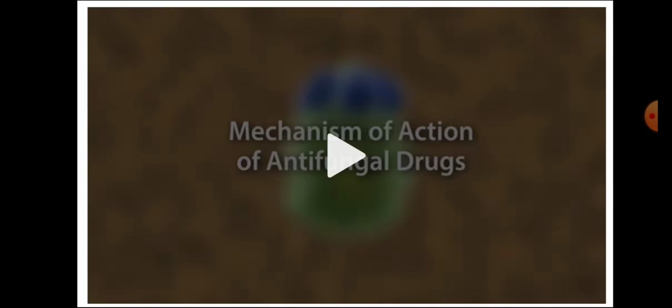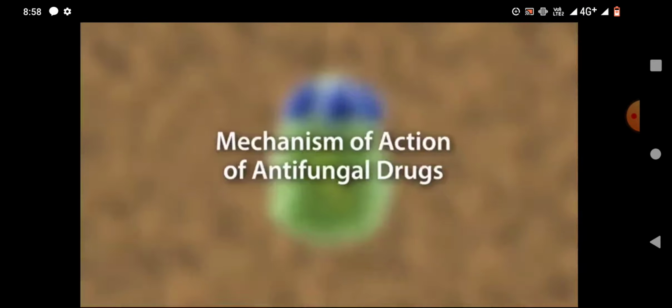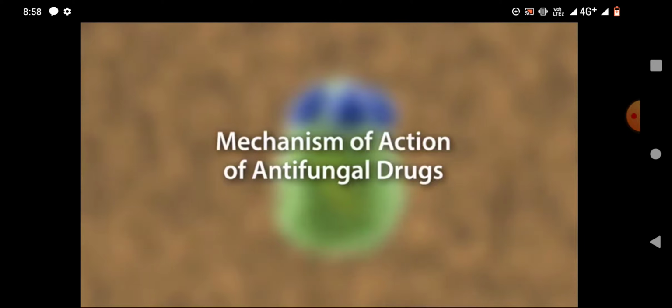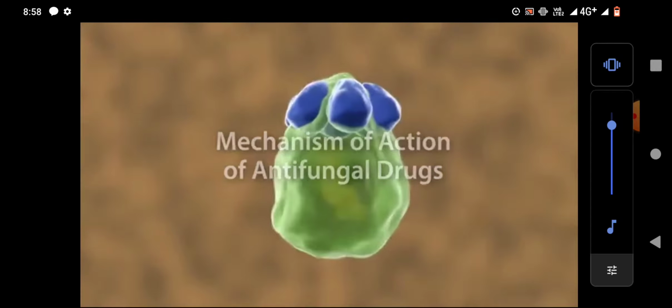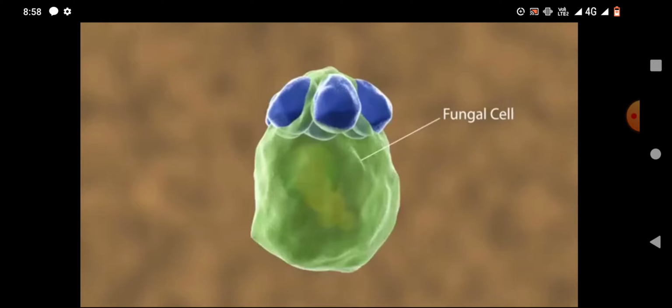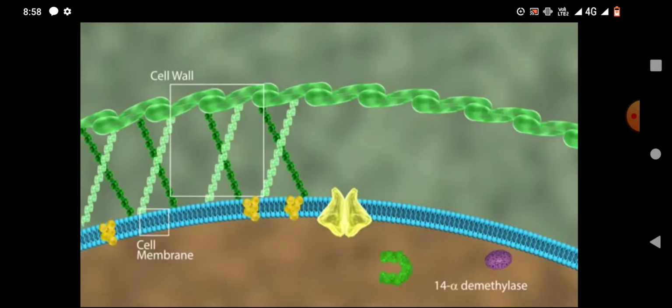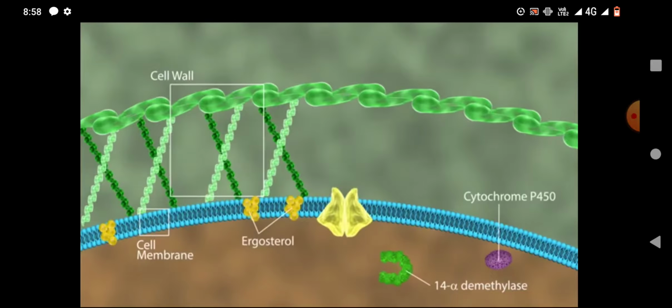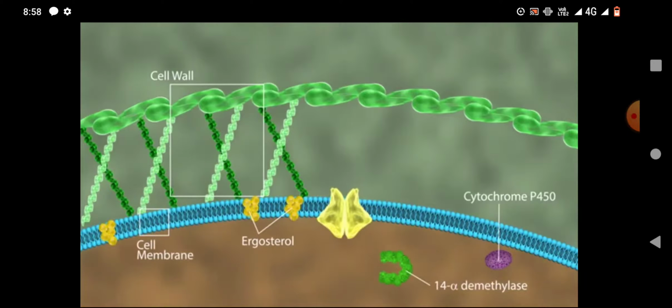Now let us look at the video of the mechanism of action of these antifungal drugs. The cell membrane is a lipid bilayer with proteins embedded in it.